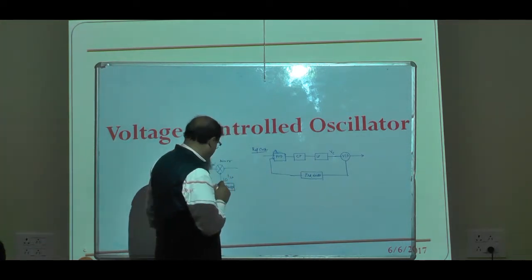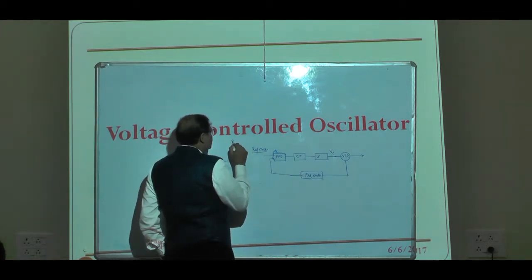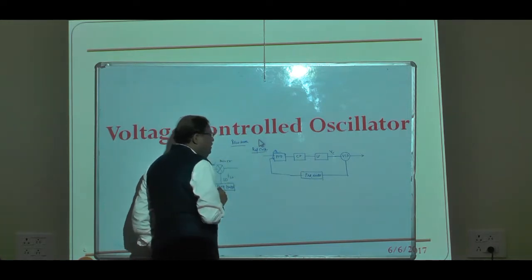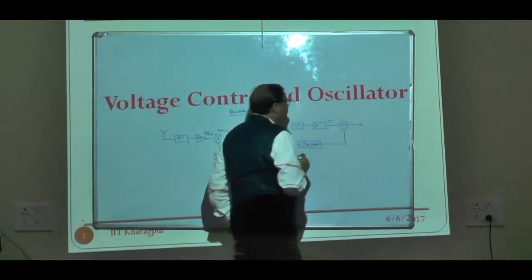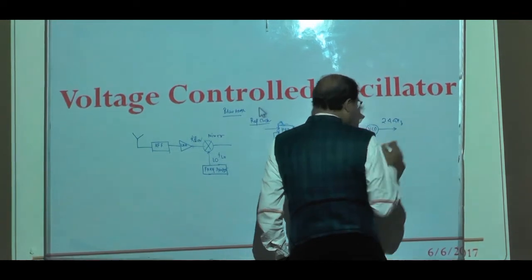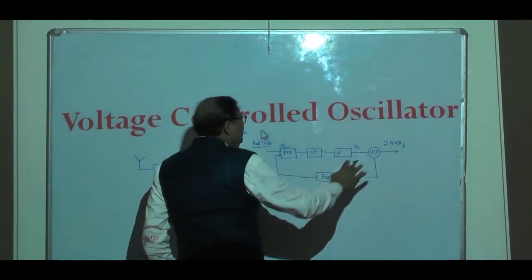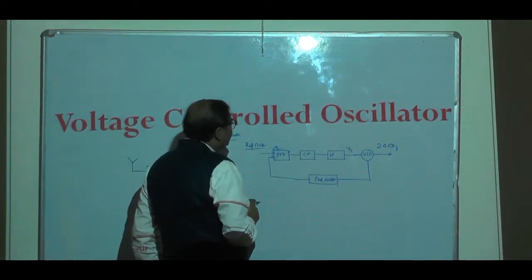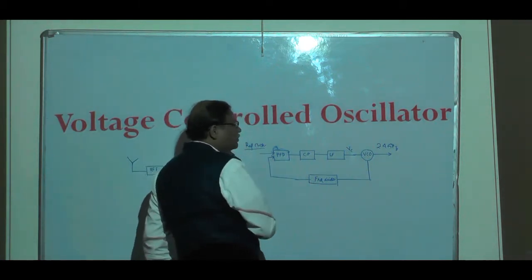Let me explain with an example. Suppose I am using, say, Bluetooth. In the Bluetooth application, suppose our frequency is 2.4 GHz. So this is the PLL, the phase lock loop, where the frequency and the phase have to be locked with respect to the reference clock.